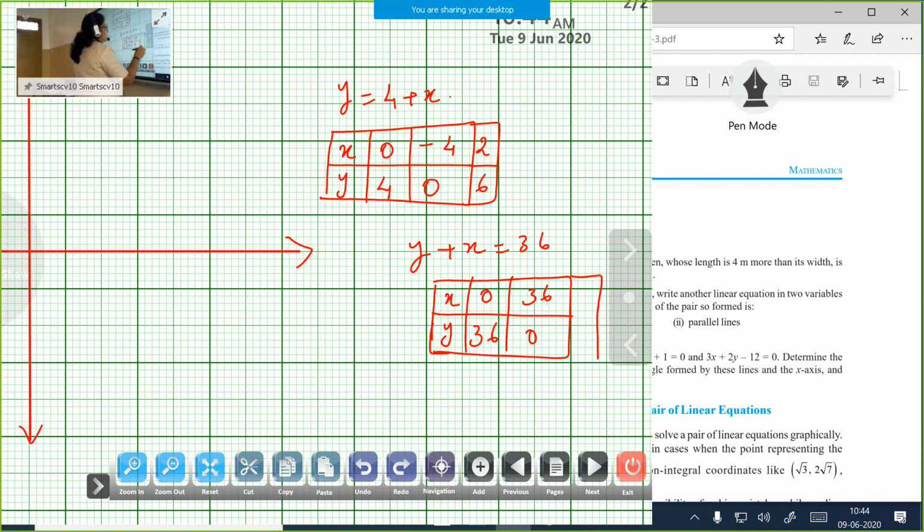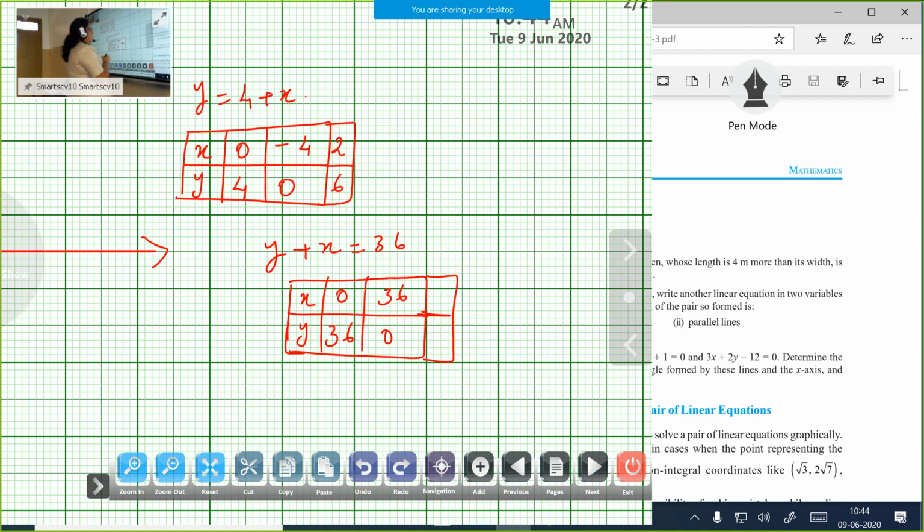Then take one more point: x is equal to 10, y equal to 36 minus 10, which is 26.